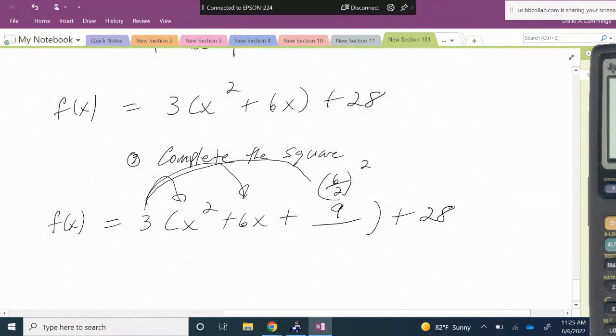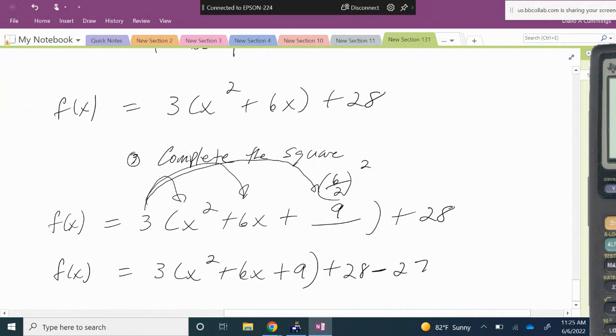But 3 times 9 is 27. We added 27 on the right-hand side, so I also have to add 27 on the left-hand side. And then I'm going to subtract 27 from both sides. So f of x is equal to 3 times x squared plus 6x, it is like a 27 in disguise, plus 28 minus 27.